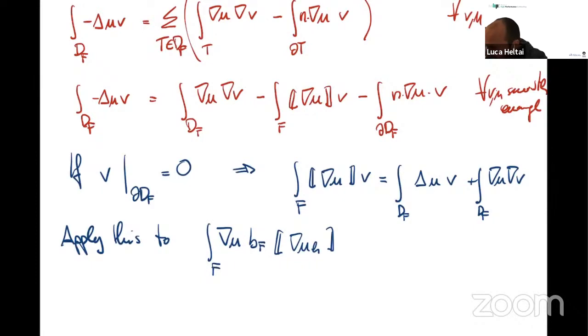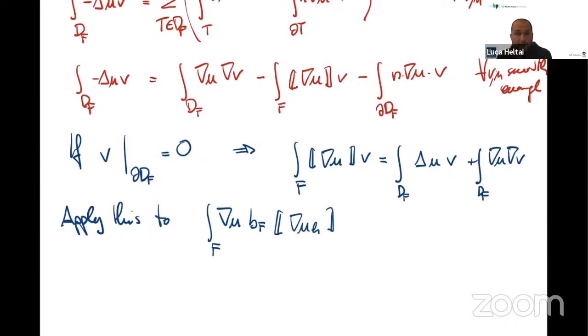So I'm taking that object to be this guy over here, and I'm taking basically the gradient of this guy, bf times the gradient of uh, to be the lifting operator. So I want to apply this lifting operator. Okay.